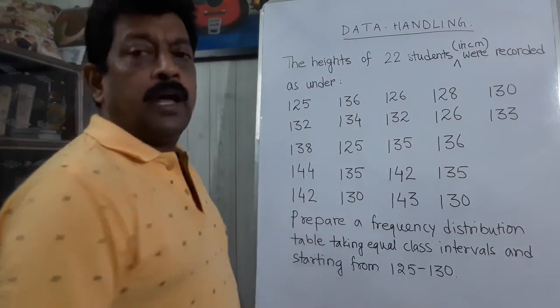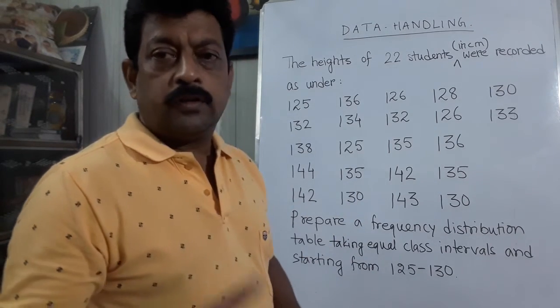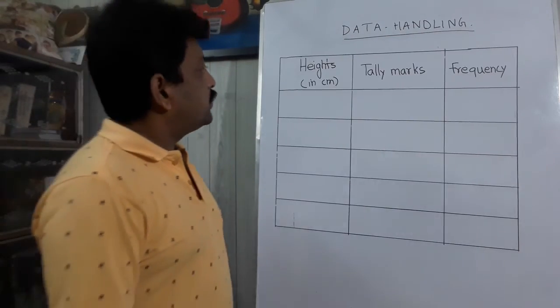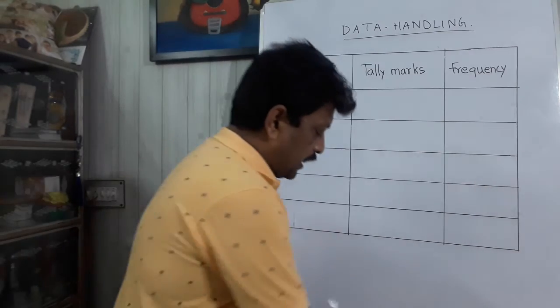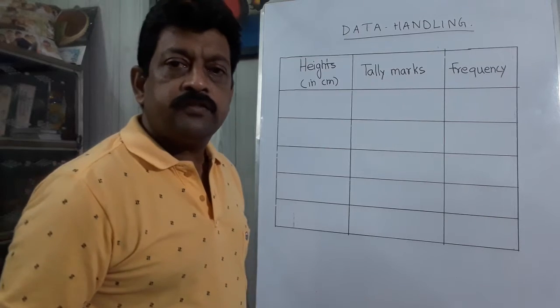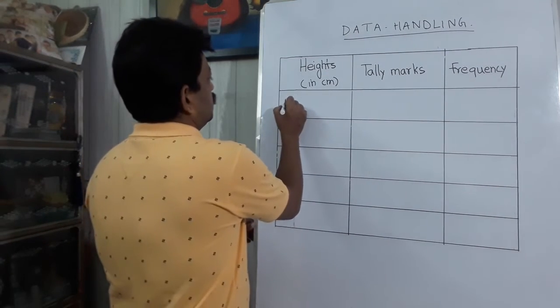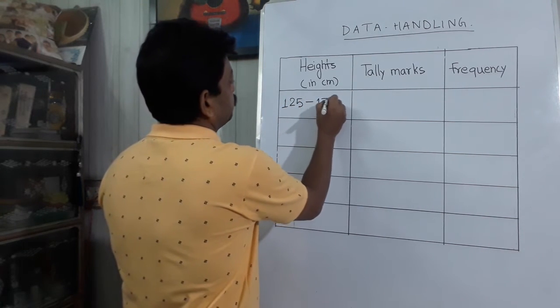So first of all, I have to make a table. As you know, it is a frequency distribution table. Students, the frequency distribution table is ready. Now, as it was given in the question, the instruction was to take the first class interval as 125 to 130. So here is 125 to 130.